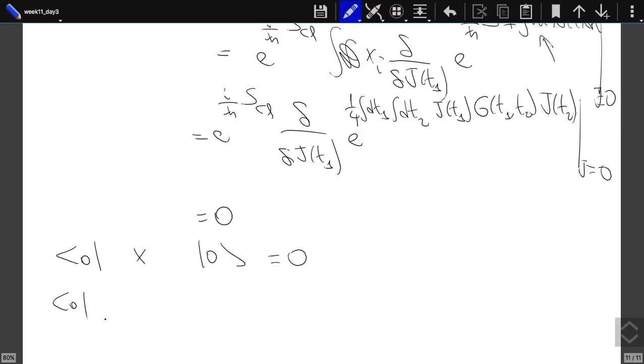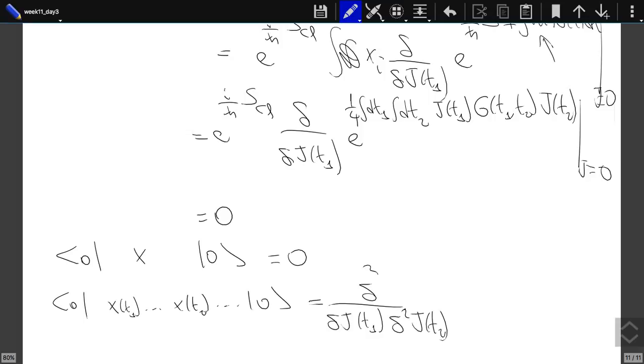Now let's see. Let me just write it this way, T1. Now these are not time-dependent operators. It's just that I'm first evolving my state by T2, then inserting my x, then letting it evolve by some other time, and then inserting my x, etc. This will be equal to del squared by del j T1, del j T2 of my Z of j.